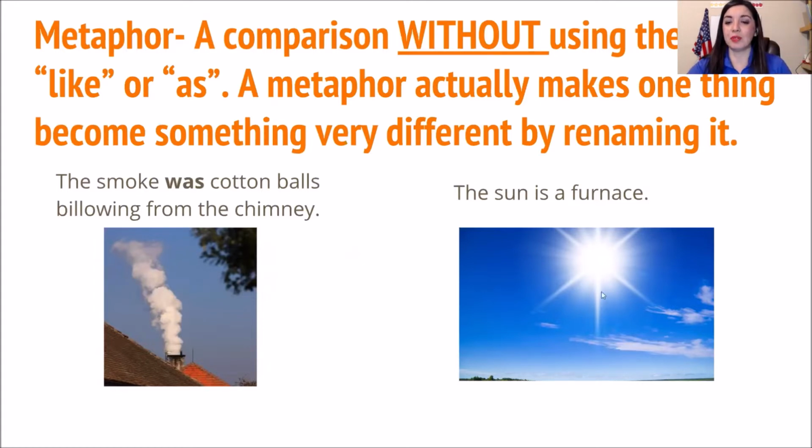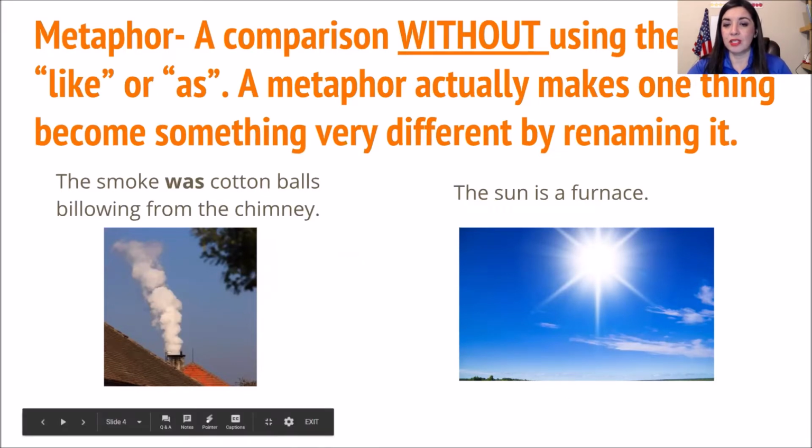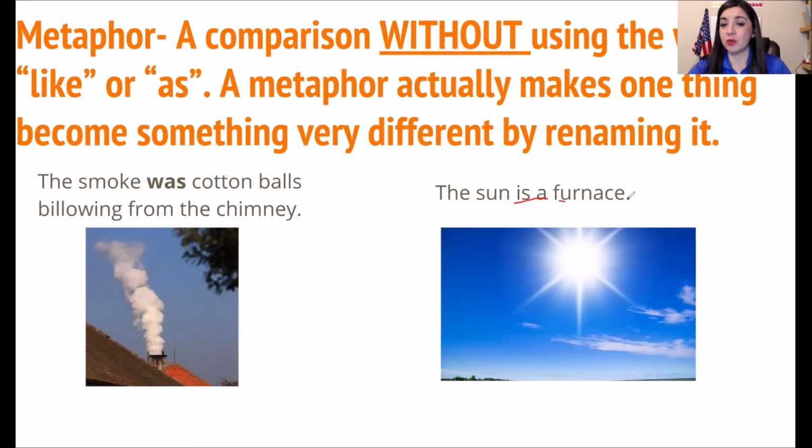The second example, the sun is a furnace. So the sun is being compared to a furnace, right? A furnace is like a very hot fireplace or a stove, somewhere where you put fire and it's kept in a steel container. So that's a furnace.